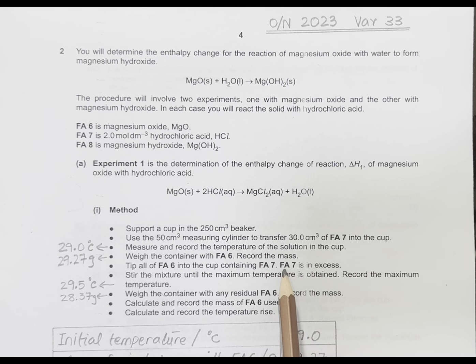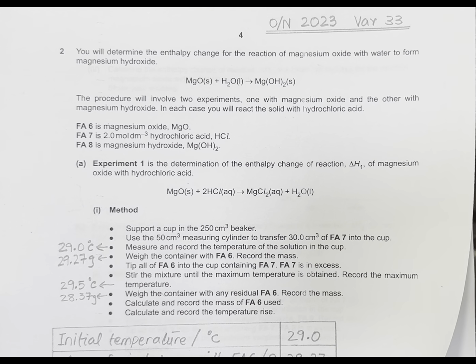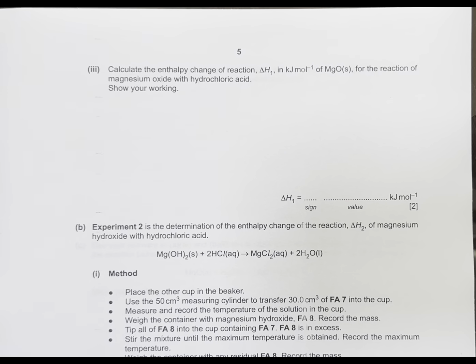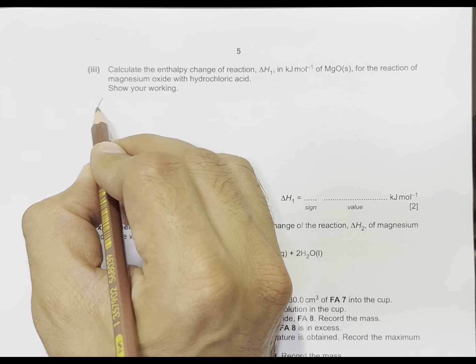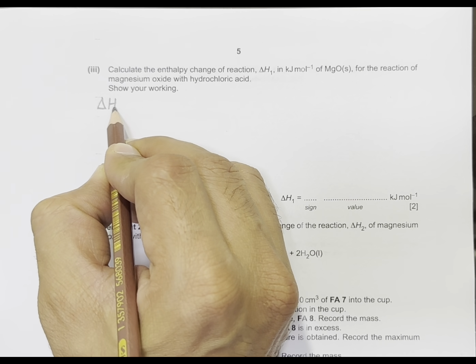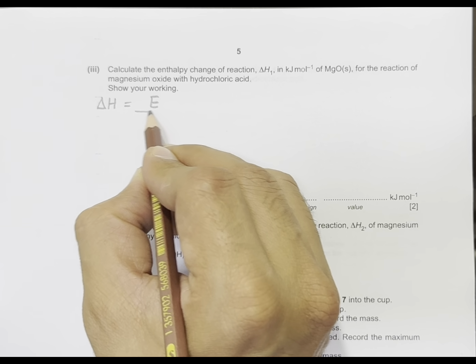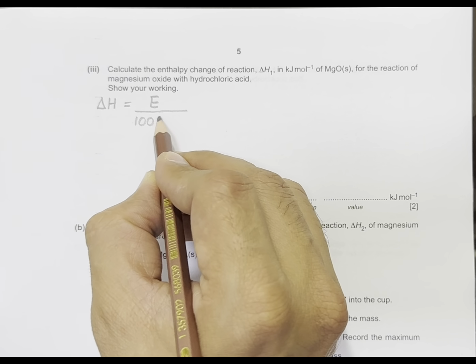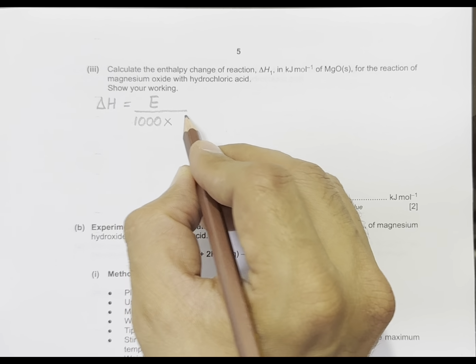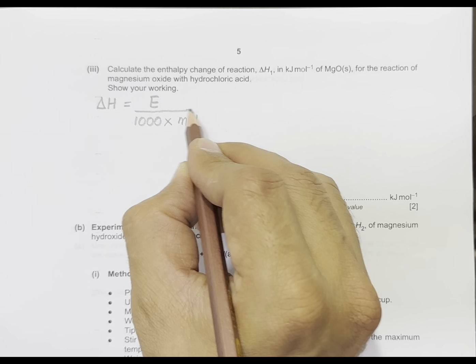So obviously the enthalpy change here will be calculated on the basis of magnesium oxide. The formula of enthalpy change is delta H equals energy over 1000 to make it in kilojoules, multiplied by the number of moles of limiting reactant.